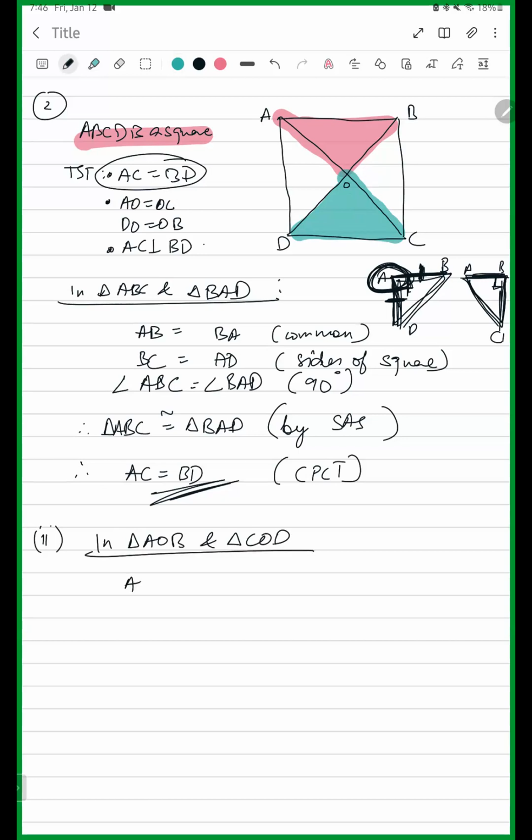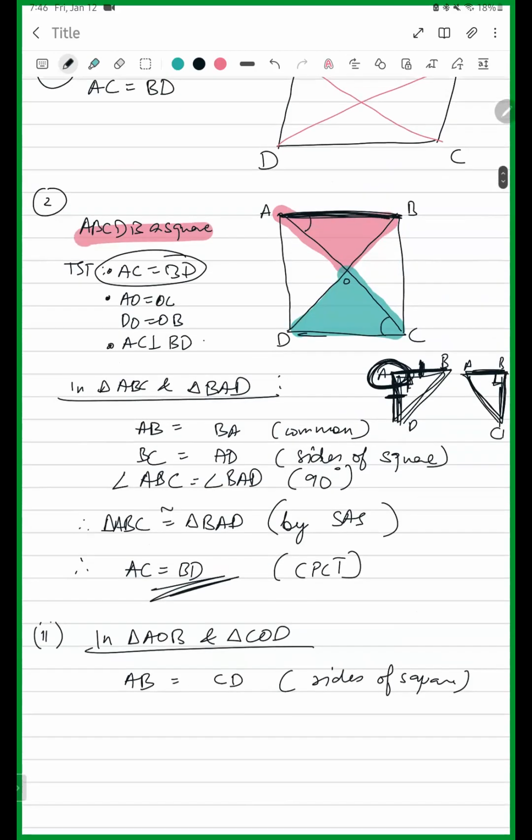we have AB is equal to CD because sides of a square are equal. All sides of the same square are equal. Then this angle will be equal to this angle, alternate interior angles, right? Because this side is parallel to this side. Why are they parallel? Because it's a parallelogram. Every square is a parallelogram.